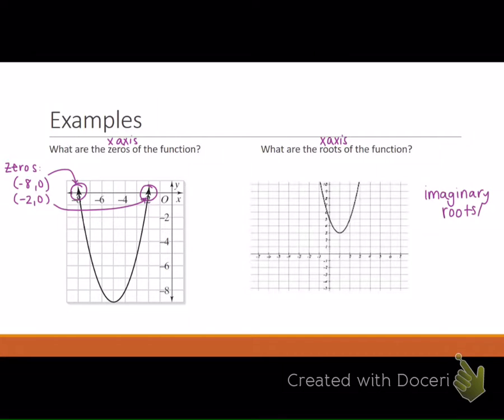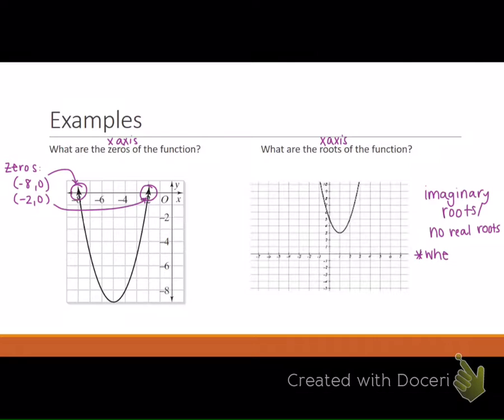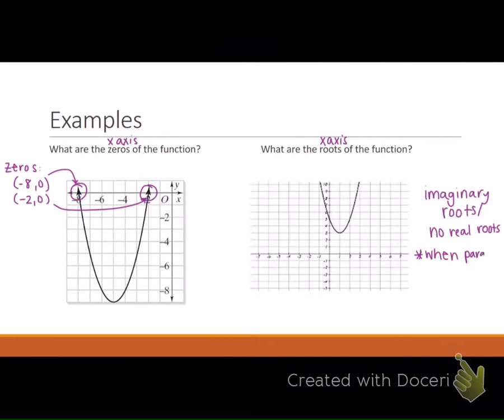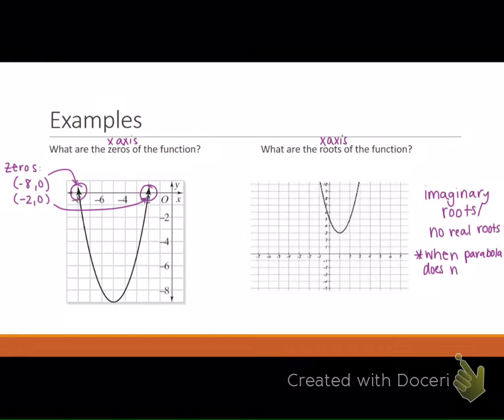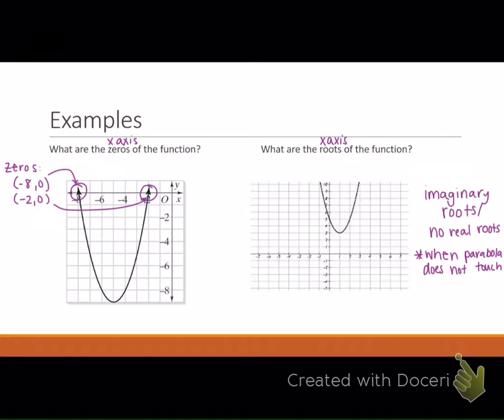Also known as no real roots. This is when the graph does not touch the x-axis. So when the parabola does not touch the x-axis. Okay, so what if it doesn't say roots? What if it says zeros? Would you put imaginary zeros? Or you could still say roots. They all mean the same thing.